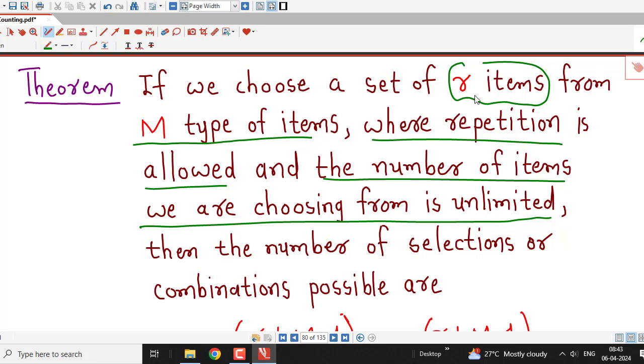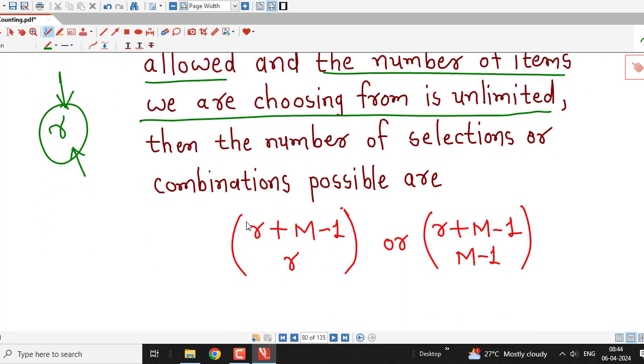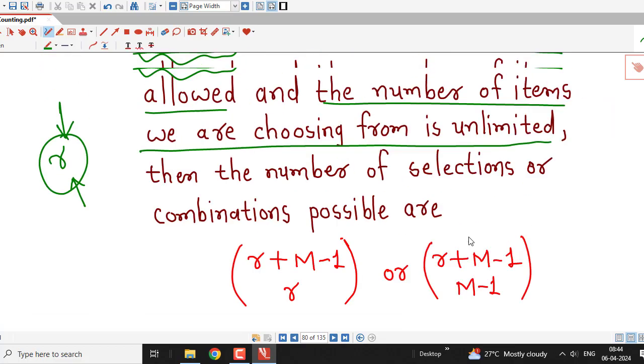We are interested in the selection of r items, and there are capital M types of items. Then the number of selections or combinations possible is given by (r+m-1)Cr or (r+m-1)C(m-1).